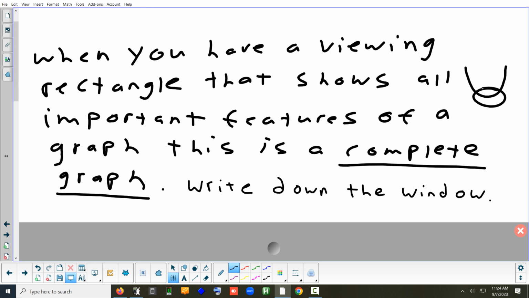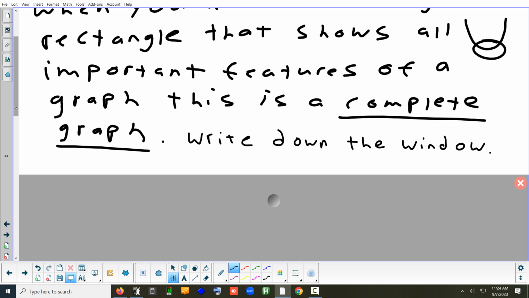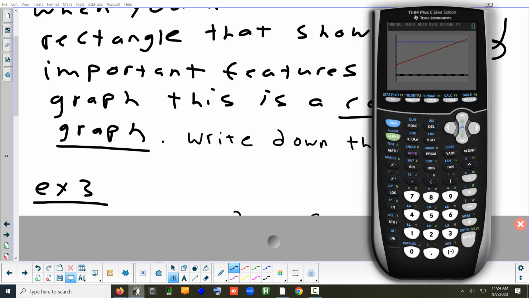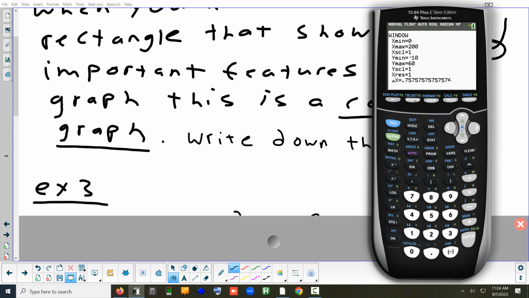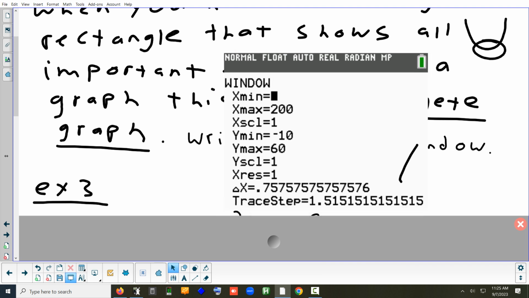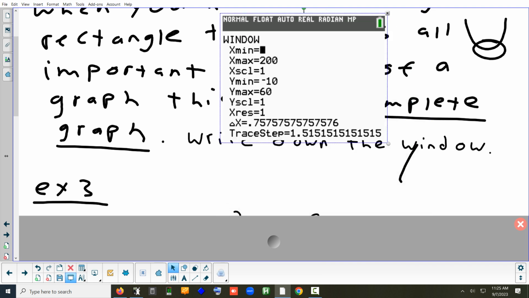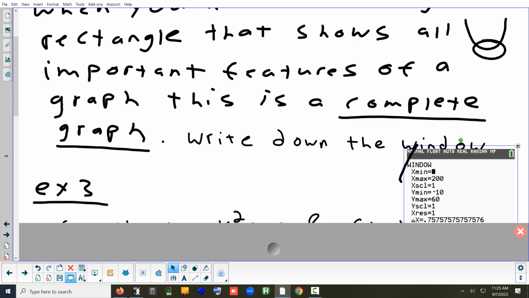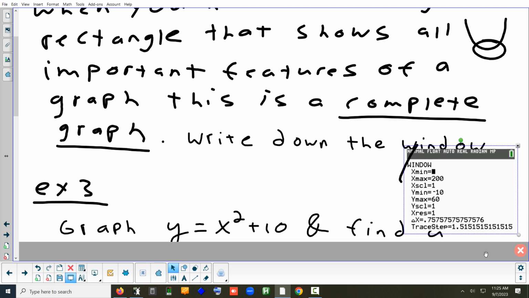All you have to do on the homework, if they ask you to find a complete graph, is take your window and write down, let me make that a little smaller, all you have to do is write down 4 values.